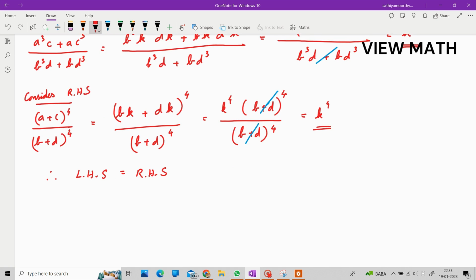We have proved that (A cube C plus AC cube) by (B cube D plus BD cube) is equal to (A plus C) the whole power 4 by (B plus D) the whole power 4. Hence proved.